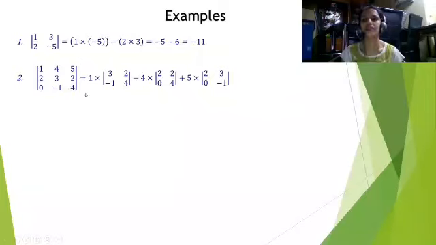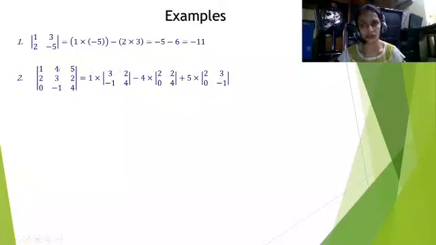Okay, let us see the second example, that is a 3 by 3 determinant: 1, 4, 5, 2, 3, 2, 0, minus 1, 4. As I have told you how to expand, we are expanding it along the first row. The first element is 1, so we write 1. What do we have to hide? First row, first column. What we will get? 3, 2, minus 1, 4. Then the second entry is 4 with a minus sign.